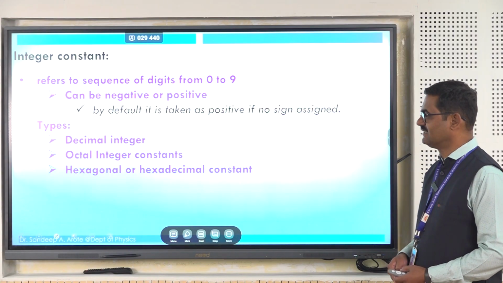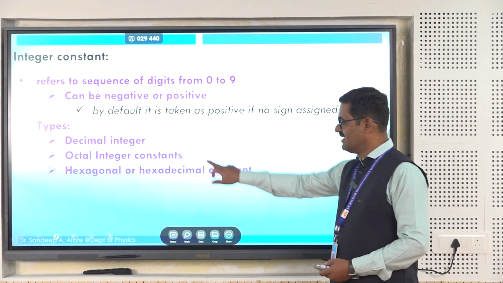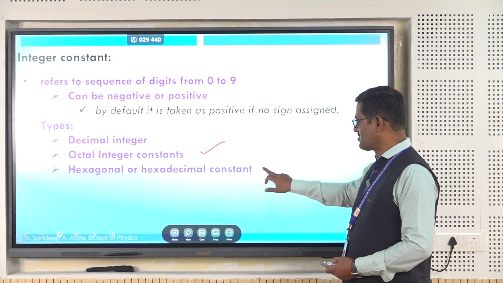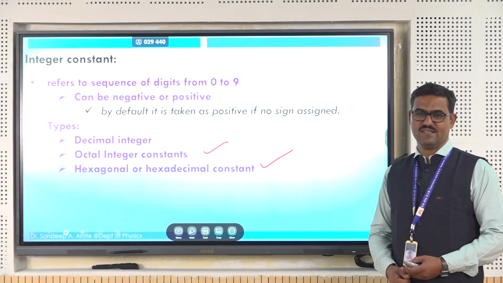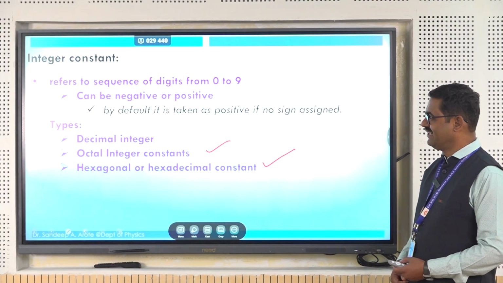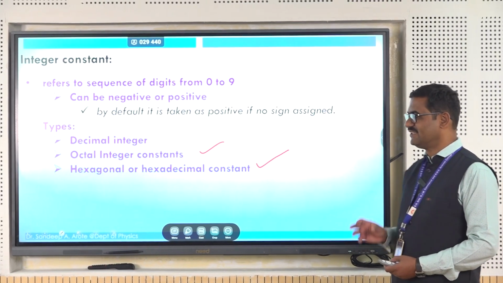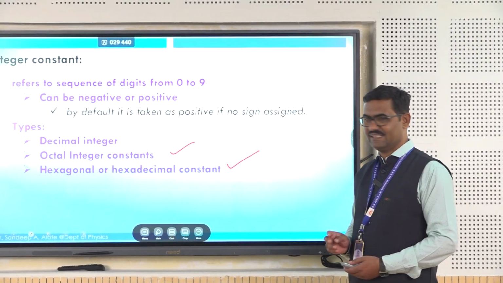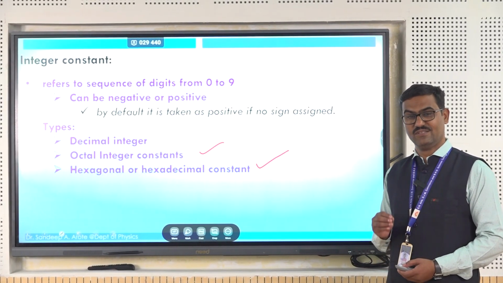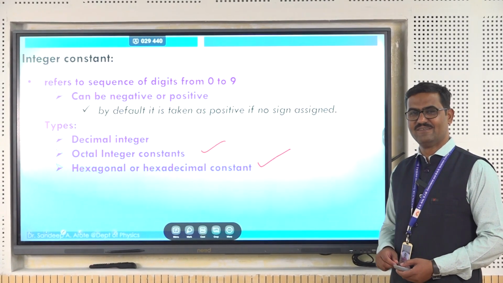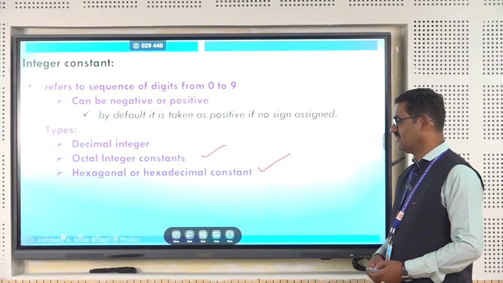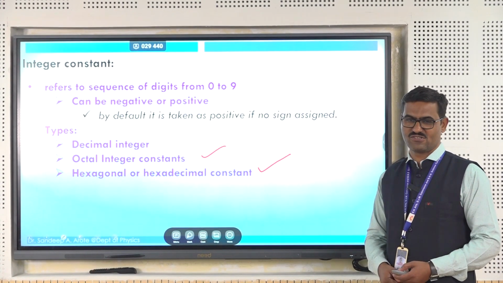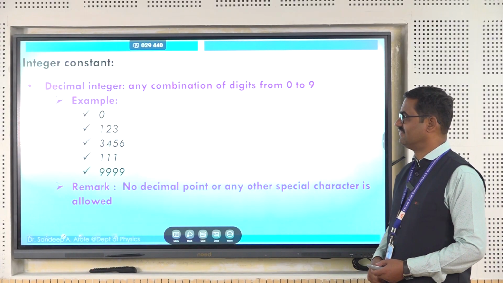The first is the decimal integer constant, the second is the octal integer constant and the third is the hexadecimal integer constant. By default, a decimal integer constant is known as an integer constant, but if you specify it clearly, then you can use it as an octal or hexadecimal integer constant. Let us see what the difference is.